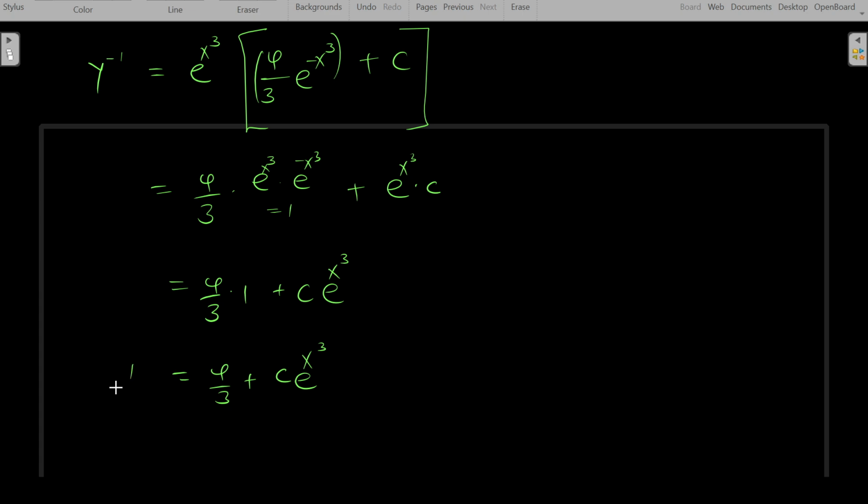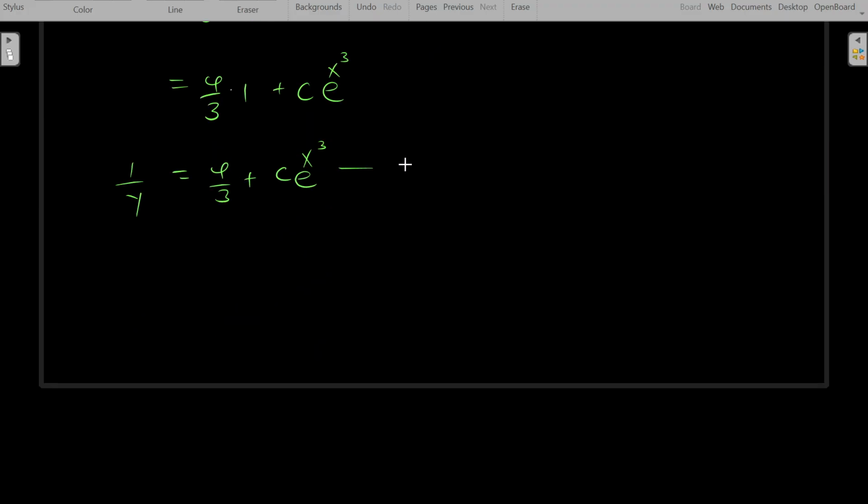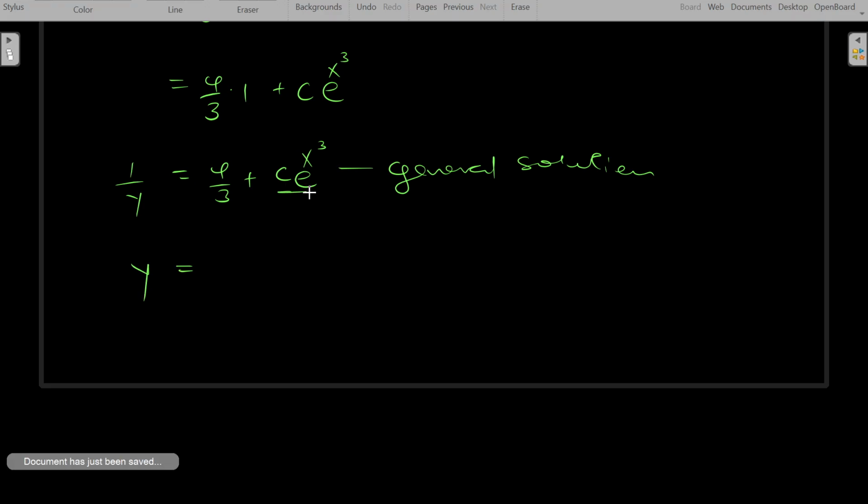This is 1 over y. So for us to solve for y, already this is the general solution. To solve for y, I make a common denominator using the LCM. So this is just 4 plus 3c e raised to x cubed, divided by 3.